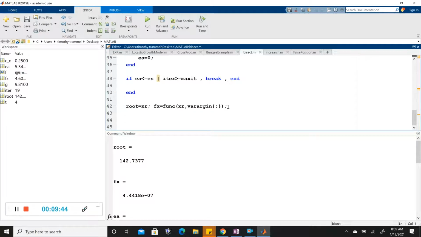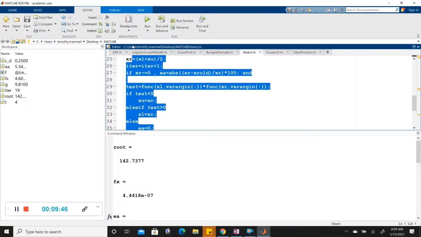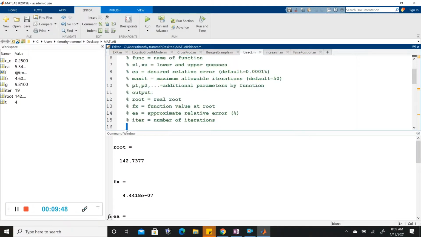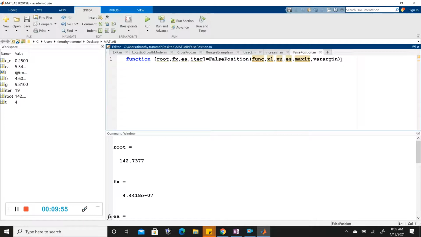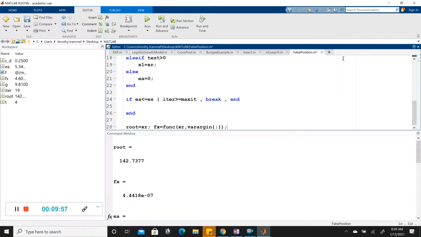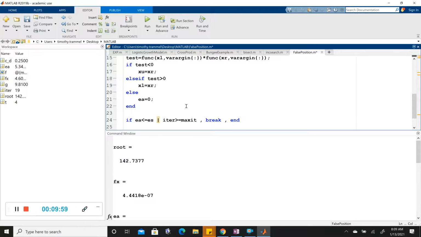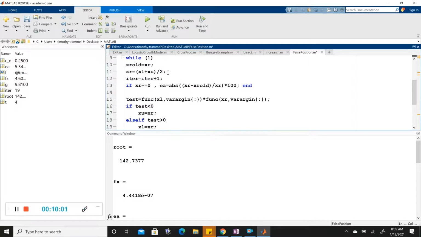Let's just copy the code now from bisect. Let's see. Ooh, went a little too far. There we go. That looks good. And then we're going to go up and change that one line that tells us how to find x sub r, this one right here. We're going to make it a little bit more complicated. So we're going to have, what was it, x sub u minus, and then we will have a fraction here, right?